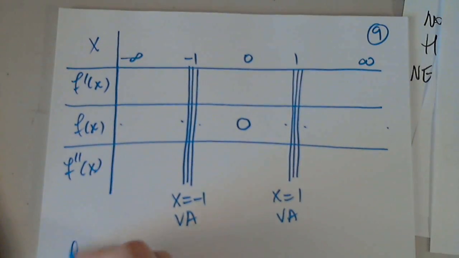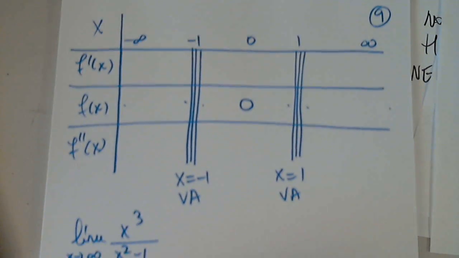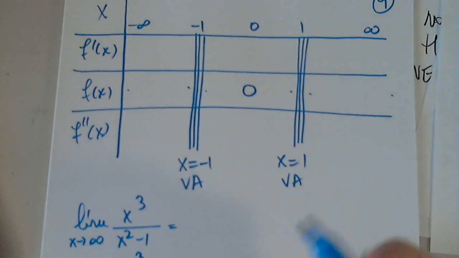Okay, so limit of x cubed over x squared minus 1 when x approaches infinity, and then limit as x approaches negative infinity of x cubed over x squared minus 1. The numerator goes to infinity, the denominator goes to infinity, so I can use L'Hopital's rule.